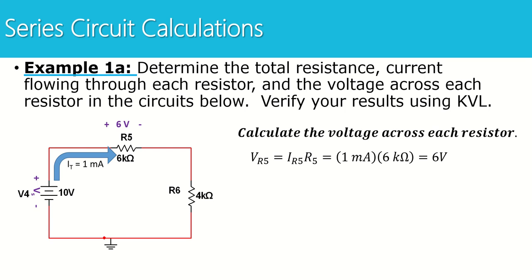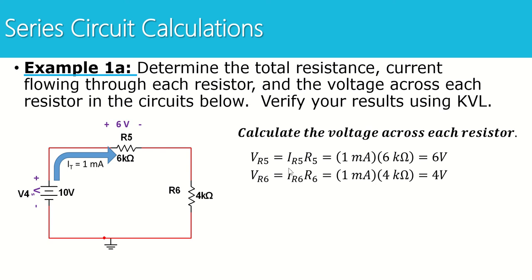Now that I know the voltage drop across R5, I'm going to label that with 6 volts. Positive, negative. Polarity is important. It matters. Make sure that you have the correct polarity for each resistor. I'm going to apply the same law, Ohm's law, to resistor 6. The voltage for resistor 6 equals the current for resistor 6 times resistor 6.